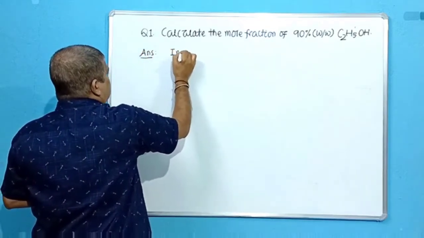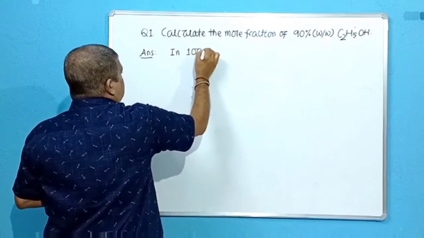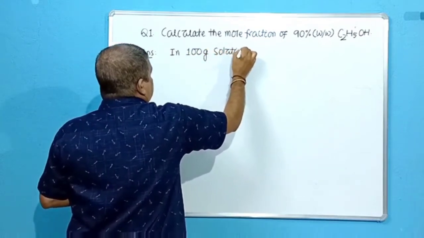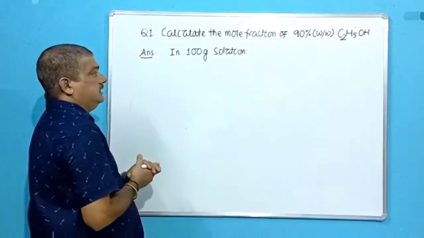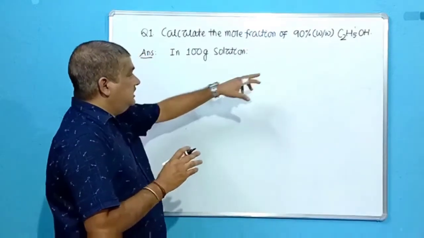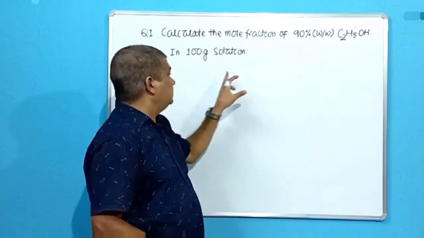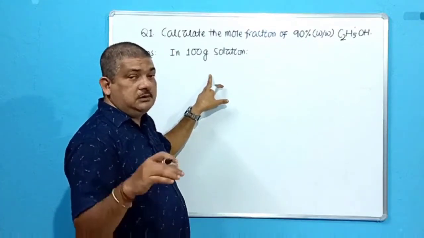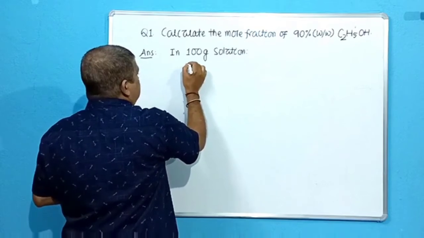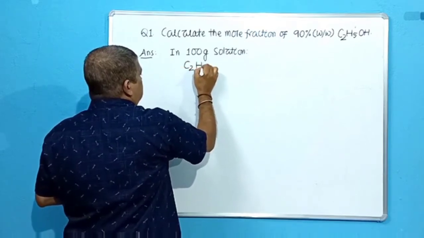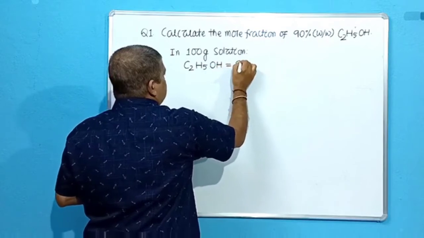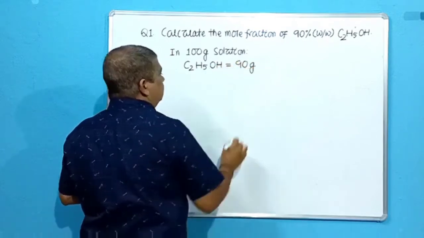In 100 gram solution, suppose you take 100 gram solution. In this type of question you have to take 100 gram solution, because it is mass by mass. If it were in volume, you would take 100 milliliter volume. So in 100 gram solution, ethyl alcohol present would be 90%, that means 90 gram.